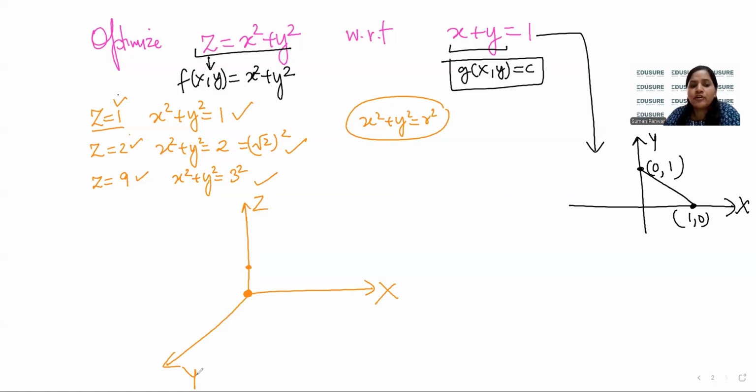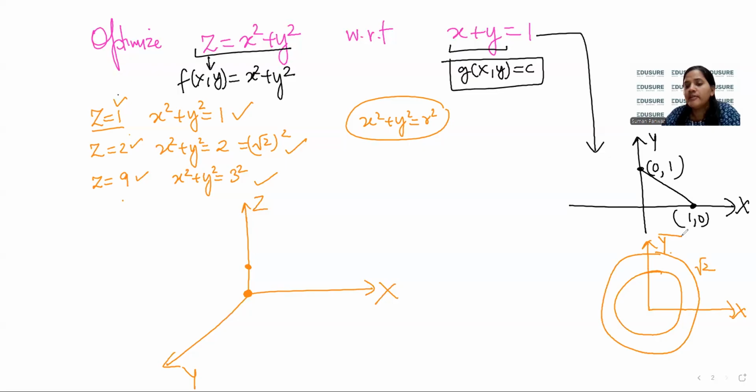So basically the projection on the xy plane will be a circle of radius 1, something like this. When I take z equals 2, the projection will be a circle of radius root 2. When I take z equals 9, the projection will be a circle of radius 3, and so on.